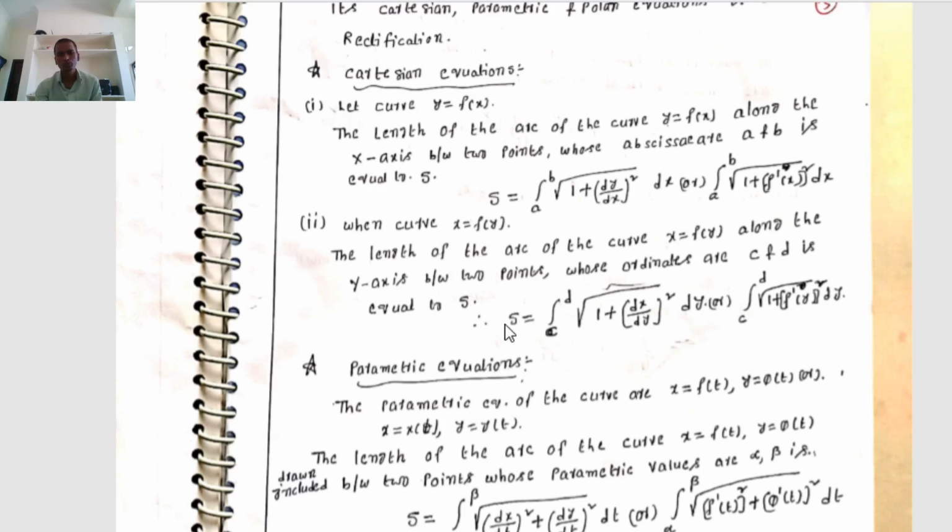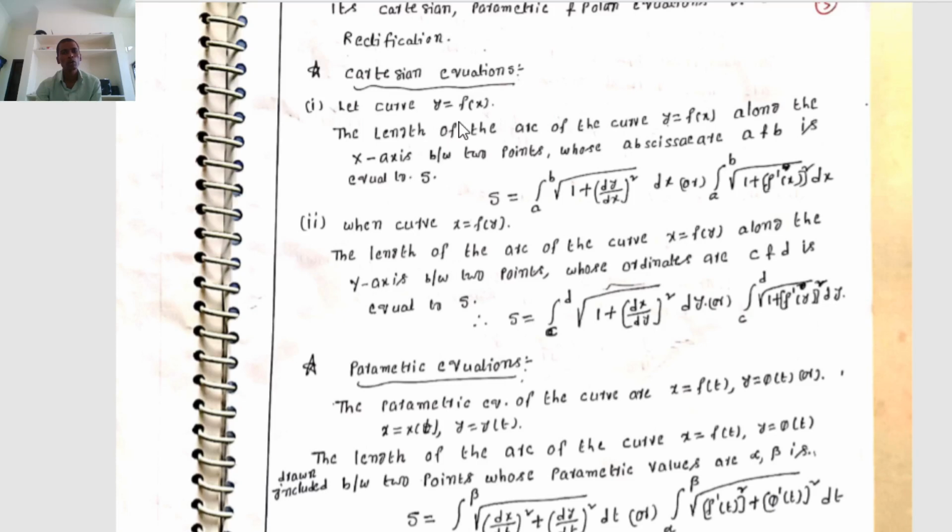Then s equals integration from c to d of square root of 1 plus dx by dy whole square into dy, or integration from c to d of square root of 1 plus f dash of y square into dy.